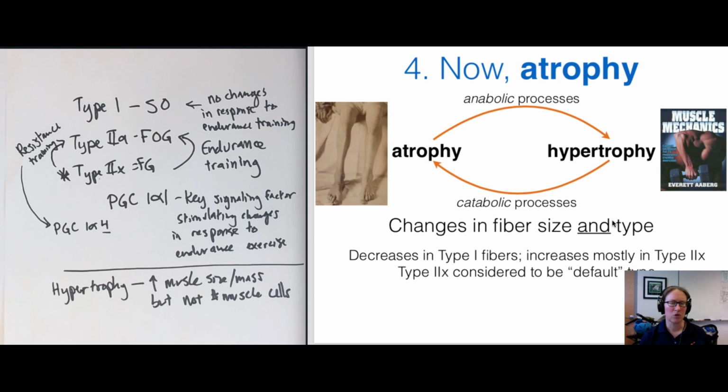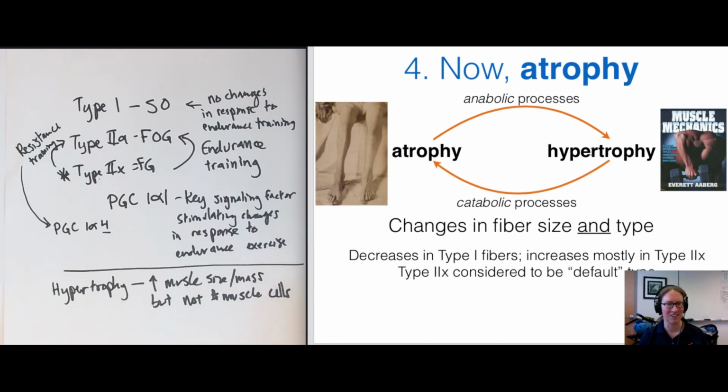Right, so that brings us through hypertrophy and changes in response to exercise. So now we're going to shift gears and talk about atrophy. Just as a reminder, we observe muscle hypertrophy in cases where anabolic processes are occurring faster than catabolic processes.